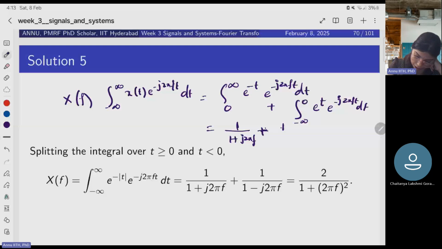So this is giving 2 by 1 plus omega square. So that's very interesting to note.